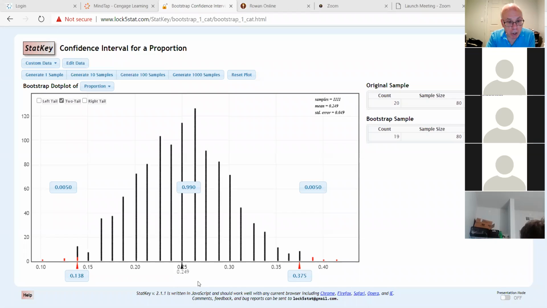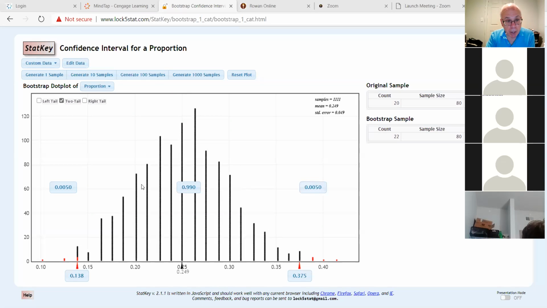If you used those formulas, given the information in this example, you would come up with an answer very close to the interval that you're seeing.